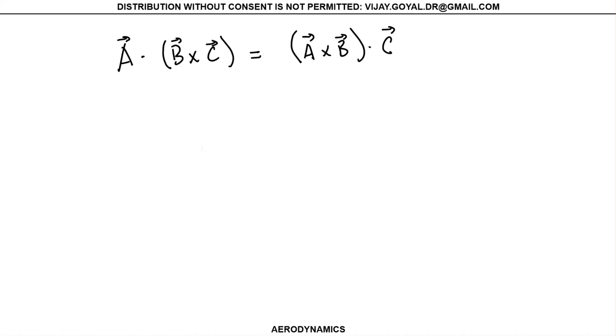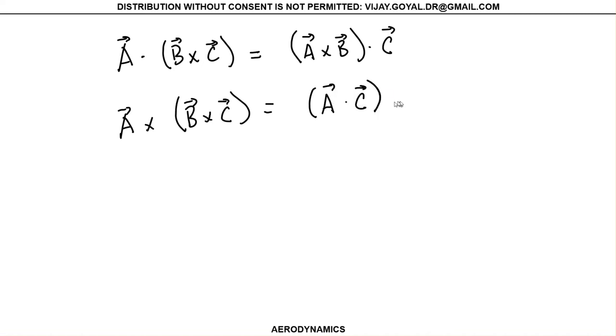Another interesting property is that if I want to take the cross product of a cross product of these vectors, it's sometimes very useful to simplify using the following properties, and trust me, it's a huge time saver.